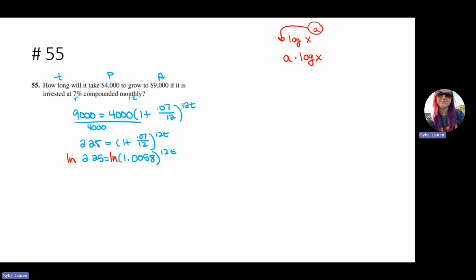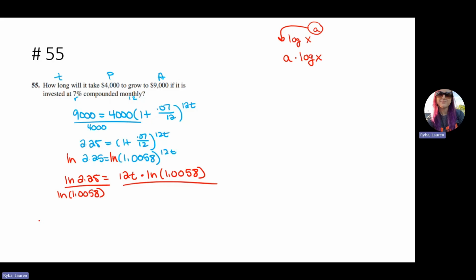So to get this power to come down, if I natural log both sides, I now have the natural log of 2.25 equals 12t times the natural log of 1.0058. And now it's multiplication. I can undo multiplication by division. So I will then divide both sides by that natural log of 1.0058.